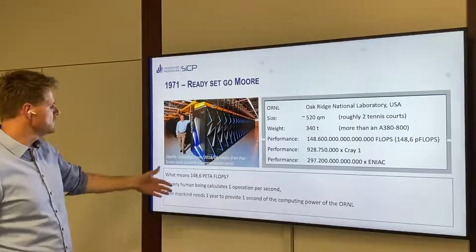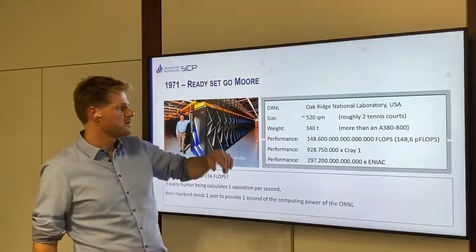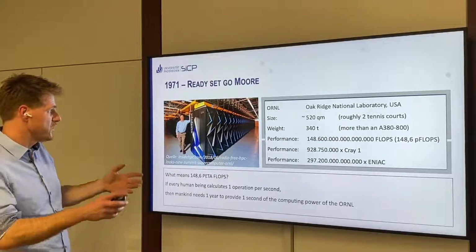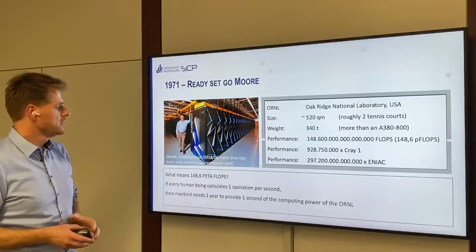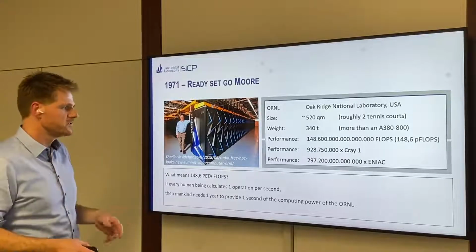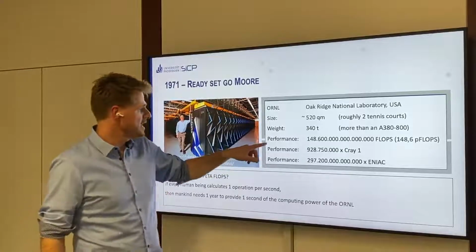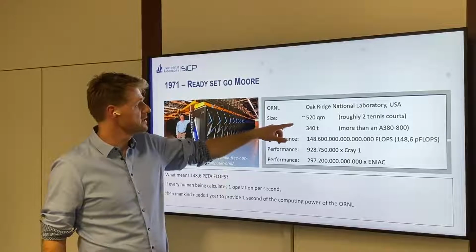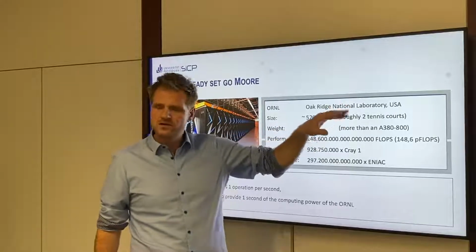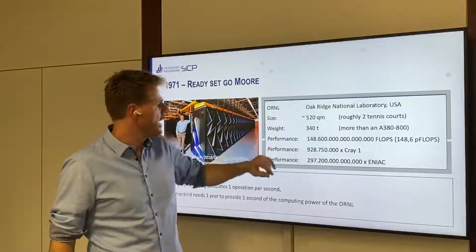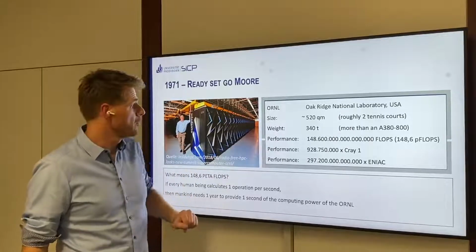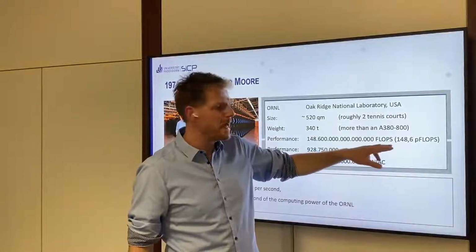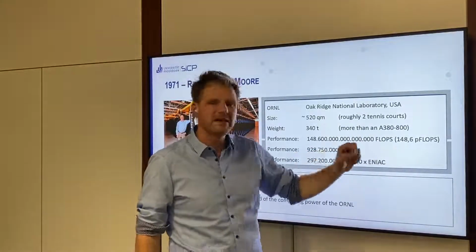Where are we now? If you look at the Oak Ridge National Laboratory, this is where multiple currently available computers and servers are working. Again a lot of square meters, roughly 2 tennis courts, and huge weight, 340 tons, but we are now at around 149 petaflops.